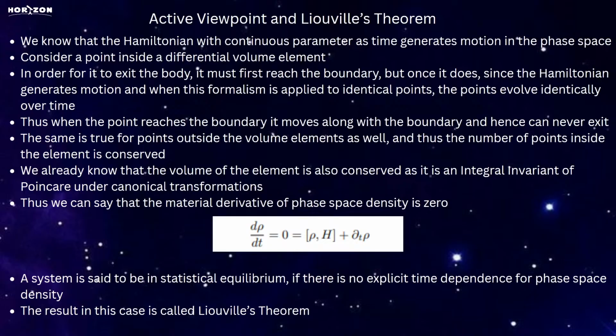This is the reason why we have this equation dρ/dt = 0. But using our bracket formalism, we can expand it as the Poisson bracket of ρ and H plus partial of ρ with respect to t. A system is said to be in statistical equilibrium if this term, partial of ρ with respect to t, is 0. And this gives us Liouville's theorem, which is the Poisson bracket of ρ and H is 0.